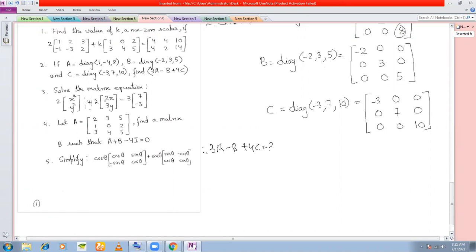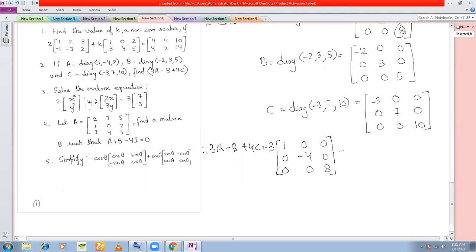is equal to, write down the matrix A. The matrix A here is just as we have written above: 1, 0, 0, 0, minus 4, 0, 0, 0, 8.